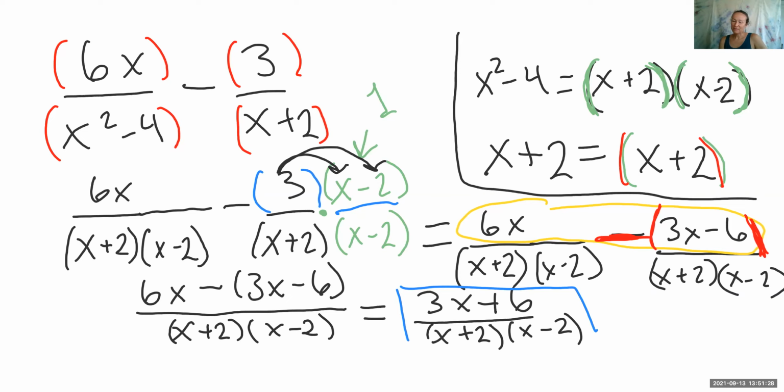Now remember, we have to do our last step. Step 3 is simplify. So let me move to one more page here. Remember what we've got. We've got a 3x plus 6 over x minus 2 times x plus 2.